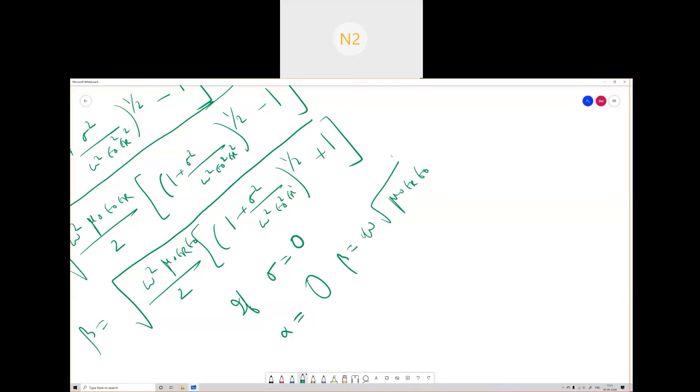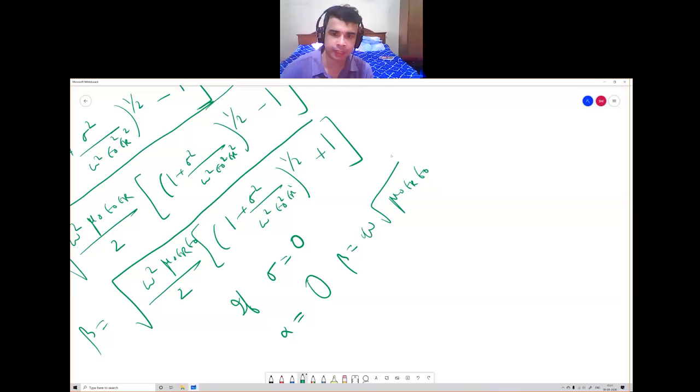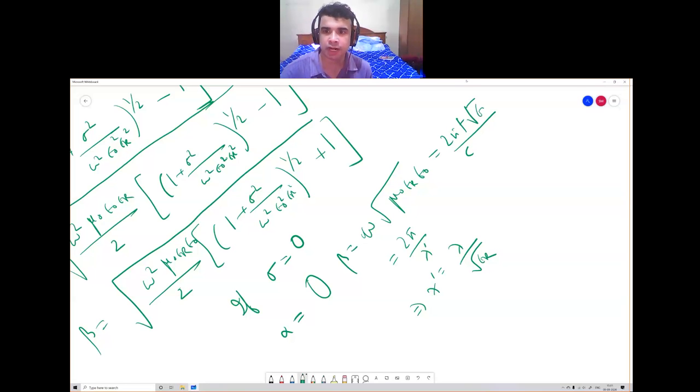This one, and if you see that, this will become 2 pi by lambda prime, where lambda prime is lambda by root epsilon r. Just check. This is equal to what? Omega is 2 pi f, and this is c by root epsilon r.